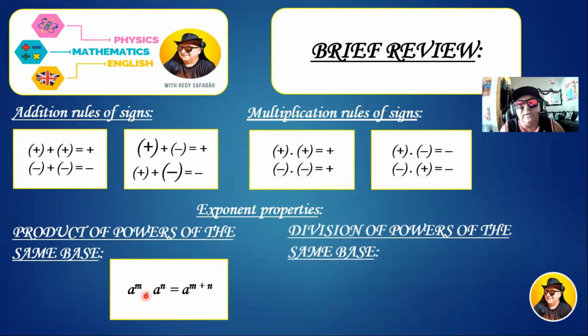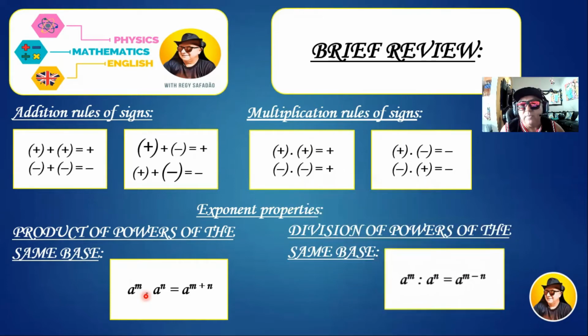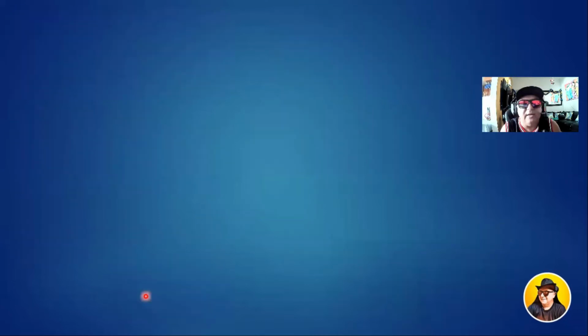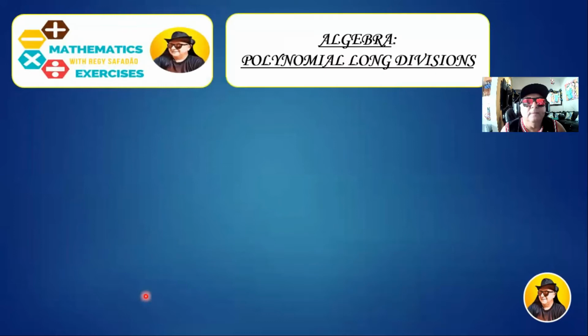Division of the powers of the same base. And here, if we have a division of the powers of the same base, you keep the base and subtract the exponents. All right? So don't forget, these things here are very important for division of the polynomials. All right? So finally, let's start the long polynomial divisions. Okay?